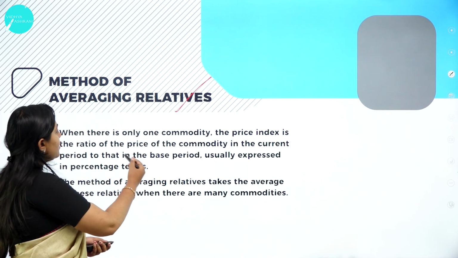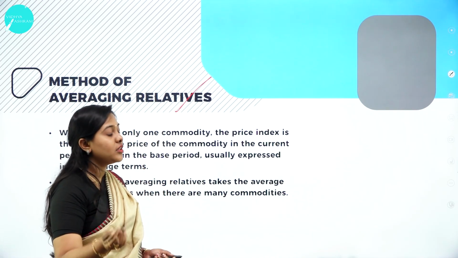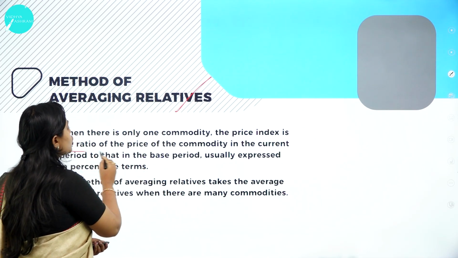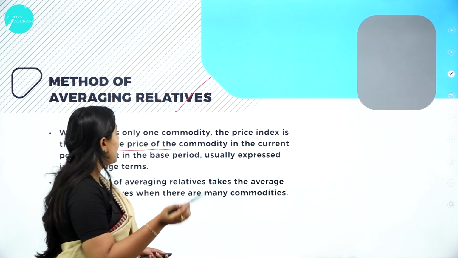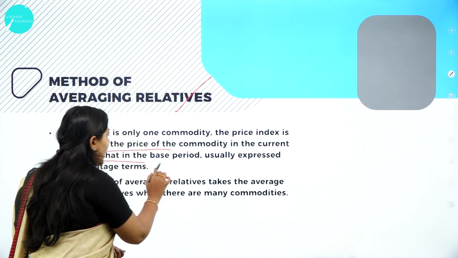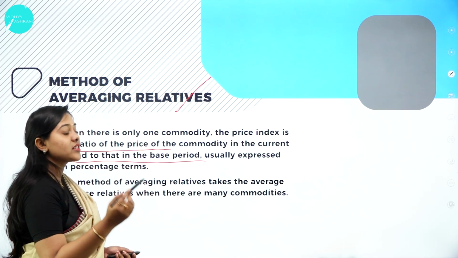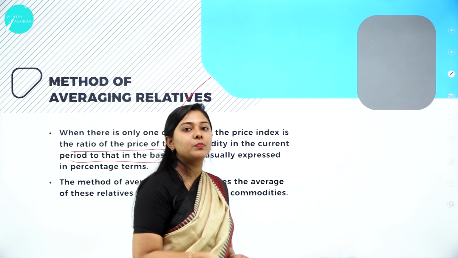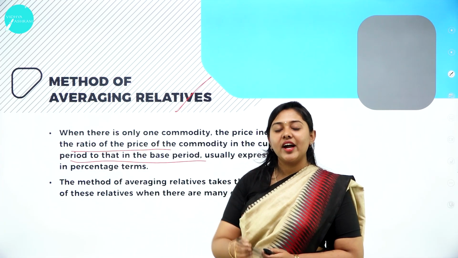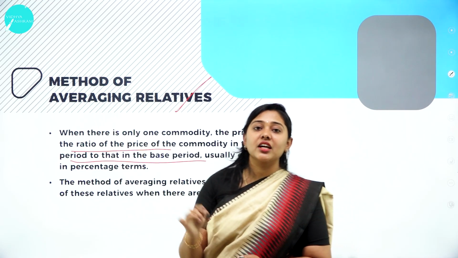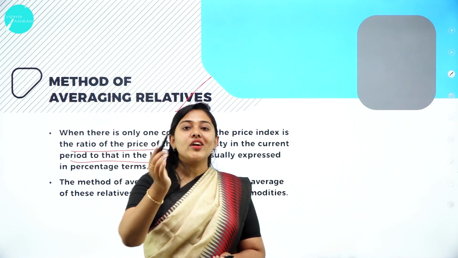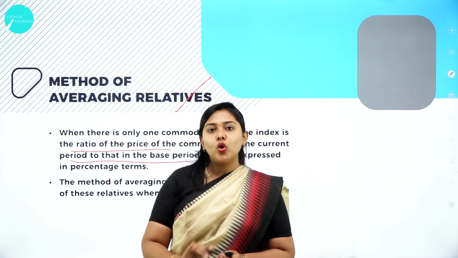When there is only one commodity, the price index is the ratio of the price of the commodity in the current period to that in the base period, usually expressed as a percentage. As we have learned, because we have taken the base period value as 100. So what is the change that I have shown you?